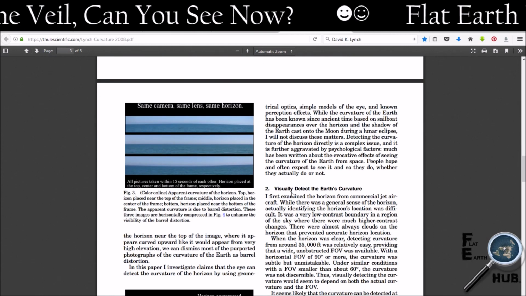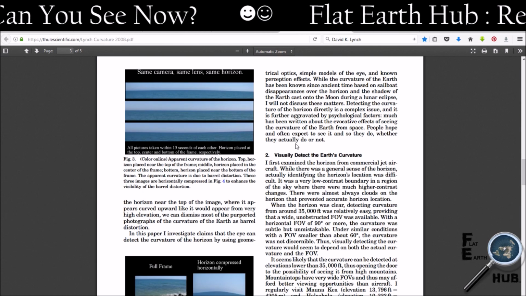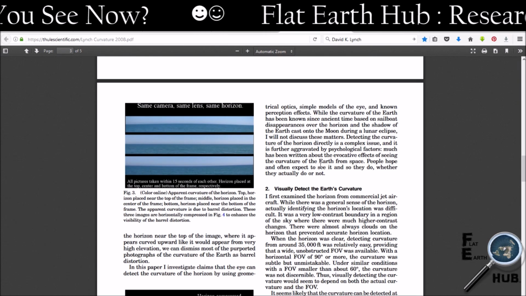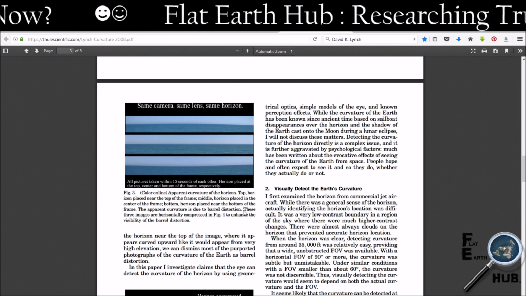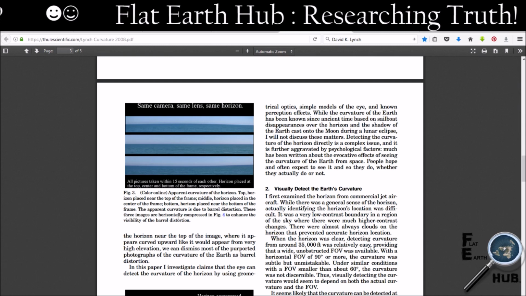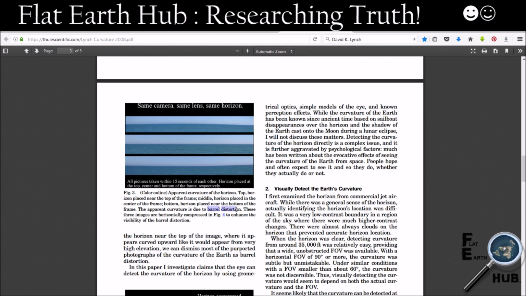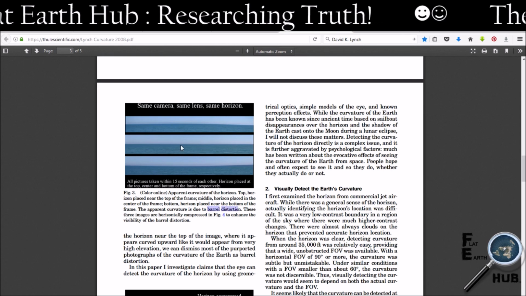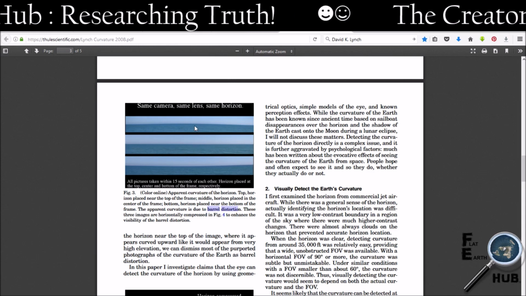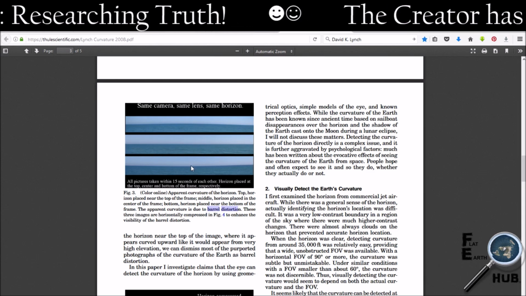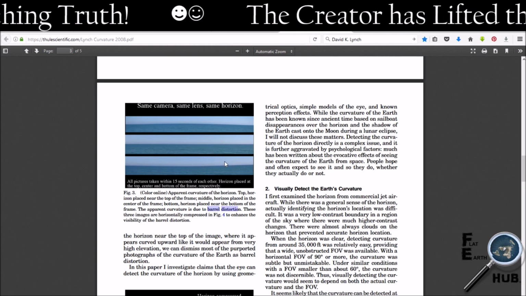Another thing to take note of is the argument about the photographs and footage we do see. And we know, as flat earthers, we've been able to discern the fisheye lens. Now he goes into great detail about cameras and their lenses, that they all experience barrel distortion. With barrel distortion, you have to put the horizon dead center of your frame, because if you tilt it down or tilt it up, you're going to cause a convex or concave horizon.